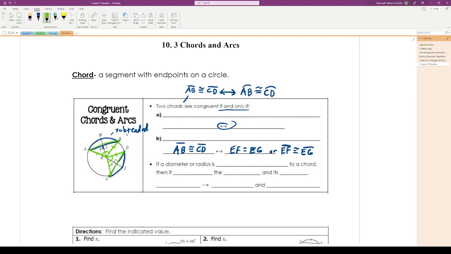A lot of these proofs and a lot of the way we think about these things involves auxiliary lines. Often those lines are going to be radii, because radii are always equal in length, so they let us establish these kinds of properties. Then within those triangles, if we draw our altitudes, we know that altitudes of congruent triangles are congruent, so this and this are congruent as well.